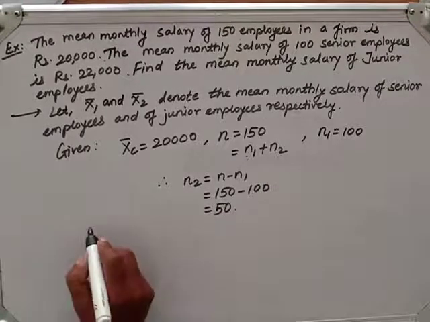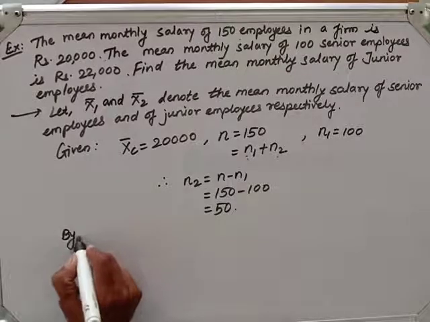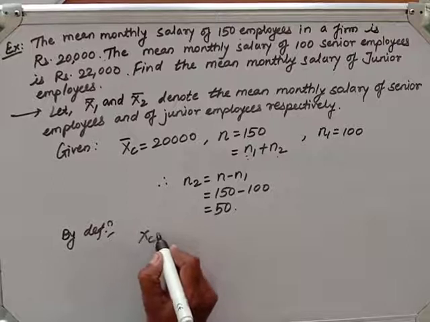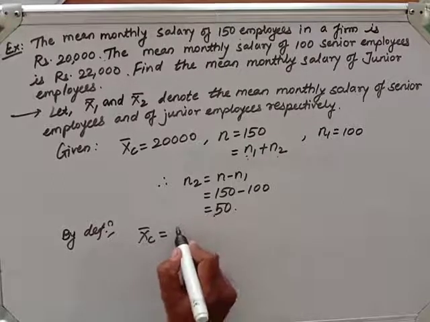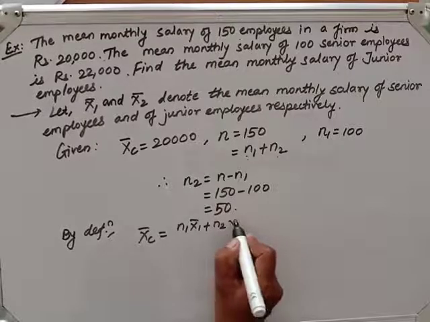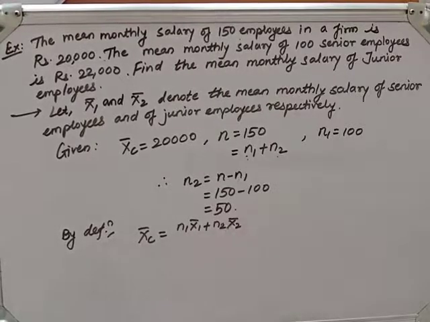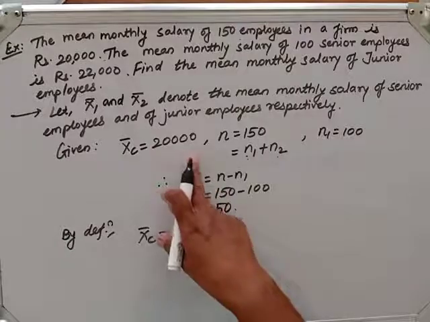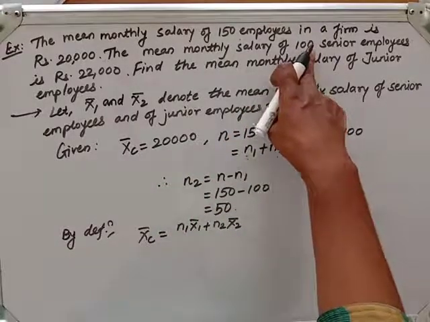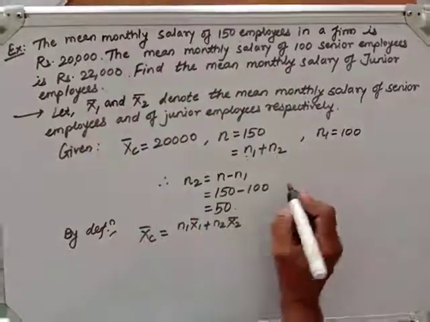Now by the formula for combined mean, xc bar is equal to n1 x1 bar plus n2 x2 bar. The mean monthly salary of 100 senior employees is given, so x1 bar is given.